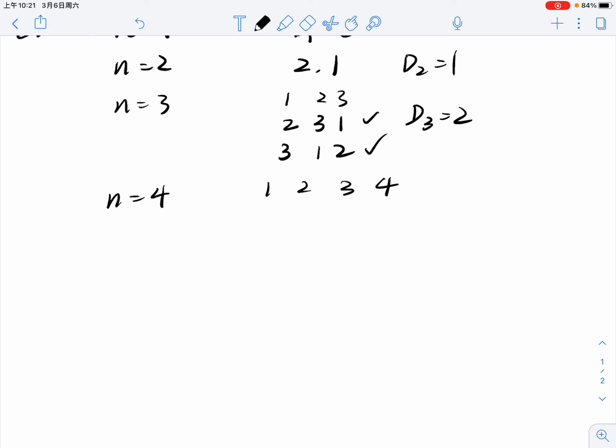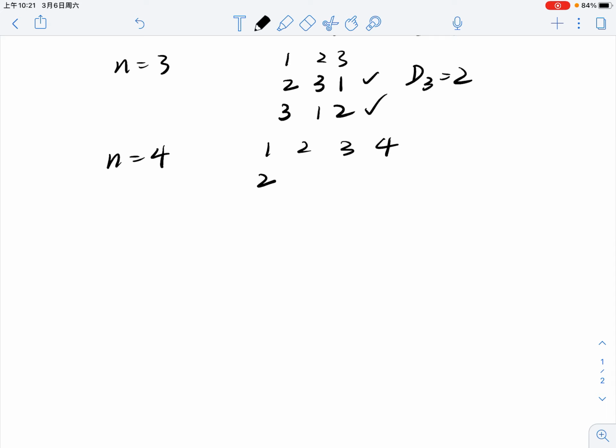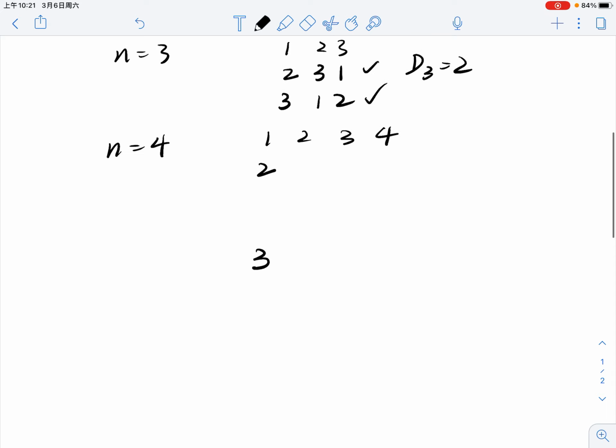And when n is 4, similarly, the first one can be 2, 3, or 4. If you are sensitive about symmetry, you will notice that the number of derangements starting with 2 should be the same as the number starting with 3 or 4. So for simplicity, we look at 2 more carefully.